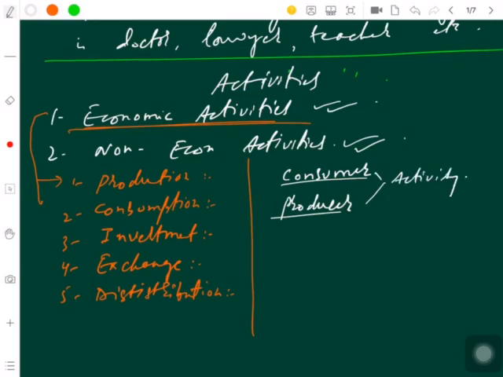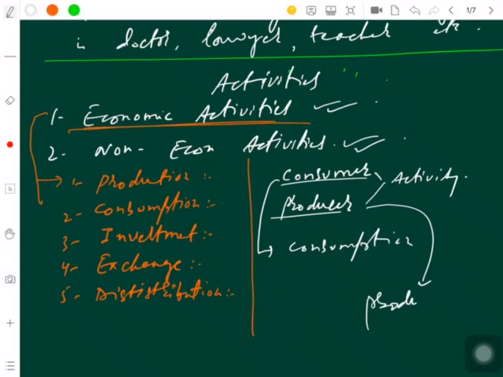The consumer is most obviously performing the activity of consumption, while the producer is performing the activity of production. Here you can understand how we have to correlate things together. Consumption by a consumer. Production by a producer. This is how you have to understand these things.